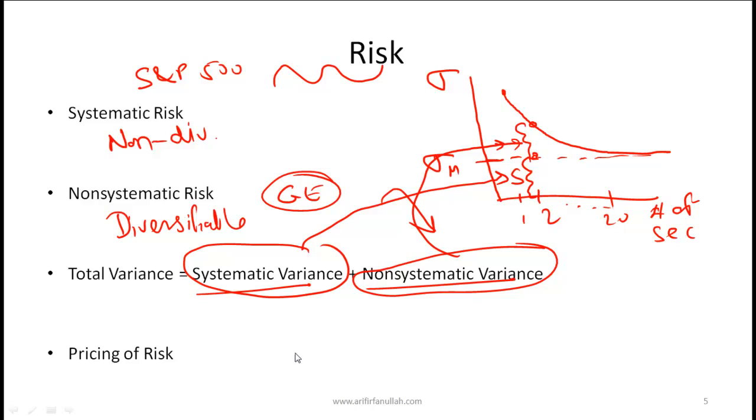Now, when we price assets and securities in general, we only price for the systematic risk. The logic there being that non-systematic risk can be diversified away relatively easily, and hence the market will only compensate an investor for taking systematic risk.